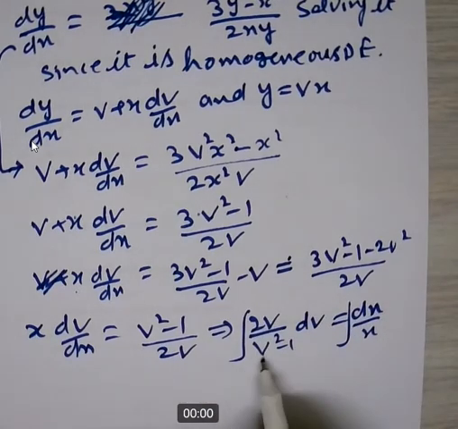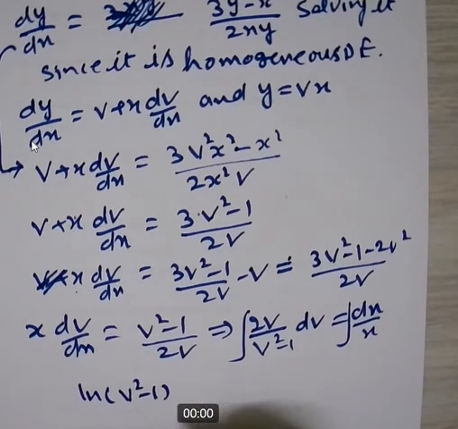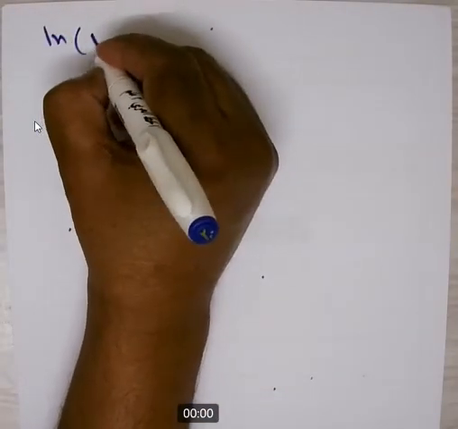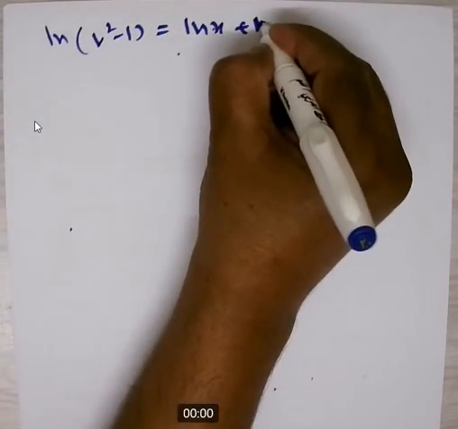Now see that one, the derivative of down term is given up, so the integration of that one is simply ln v square minus 1 equal to ln of x plus ln of c, because ln is everywhere. So this one is the orthogonal trajectory of the given function, but it is passing through the point 1 comma 2.